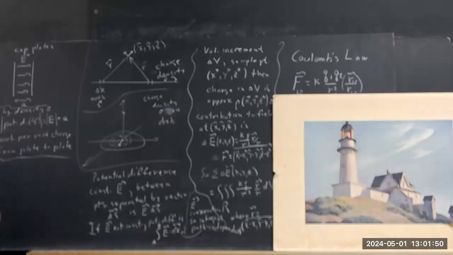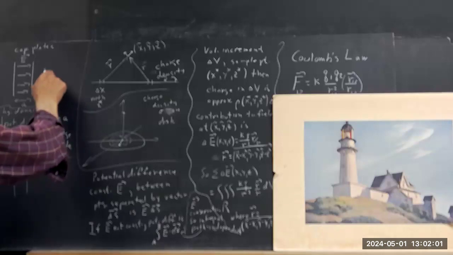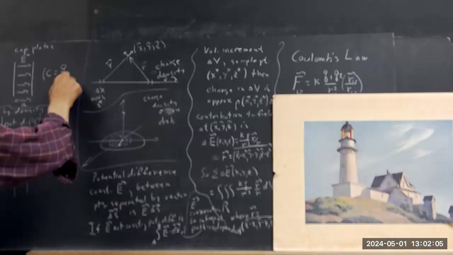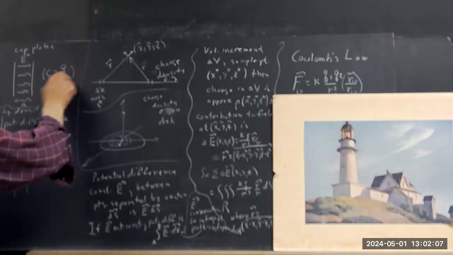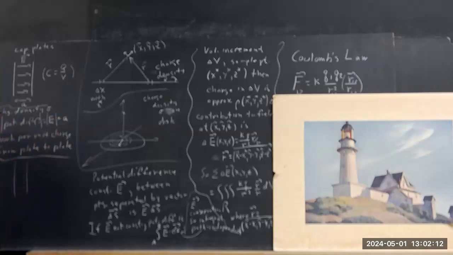I'm talking about capacitors. You want to charge a capacitor. Capacitance is the amount of charge you have per unit of potential difference. Here's your potential difference. Your electric field is determined by your charge density, which determines, along with the area, the electric field.